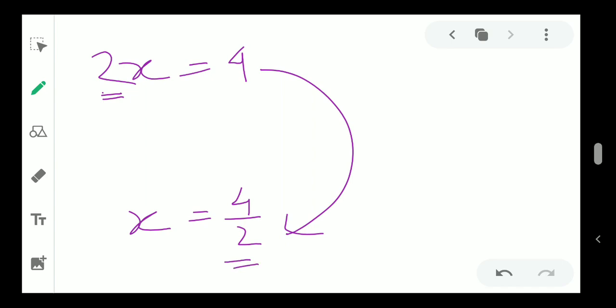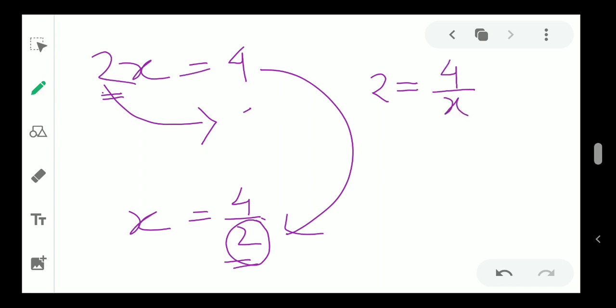Understood? Like 2 was multiplied with x, but I have shifted 2 to the right hand side, so 2 has become division with 4 on the right hand side. In a similar way, for the same math, I can also write this.